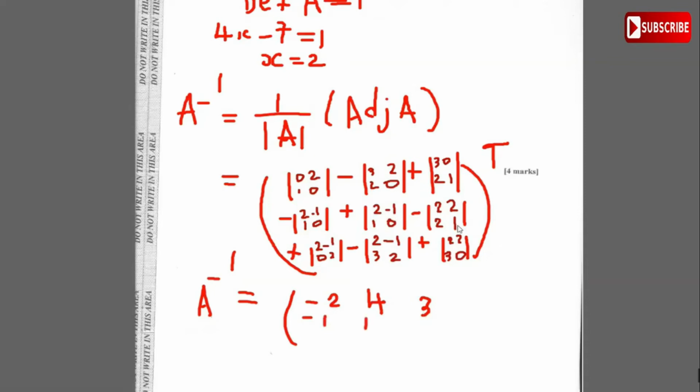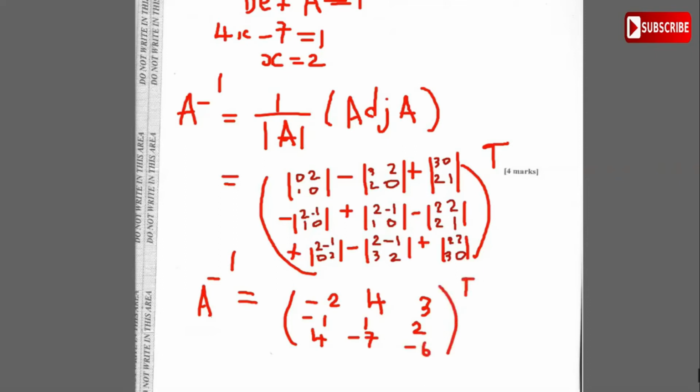Then we have 2 minus 4, that's minus 2, but the minus makes it positive 2. Then we have 4 minus 0 is 4. Then we have 4 minus 3 is 7, then the minus makes it minus 7. Then we have 0 minus 6, that's minus 6. And remember, we need to transpose it.